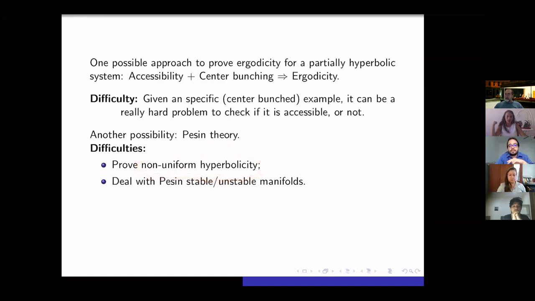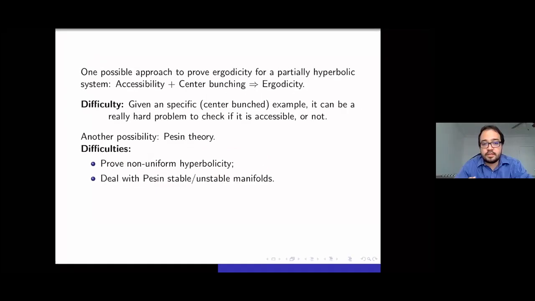The second is that once you have this information, you want to find transverse intersections between these manifolds. If you ever worked with Pesin's stable and unstable manifolds, you might know that this is a very hard problem.